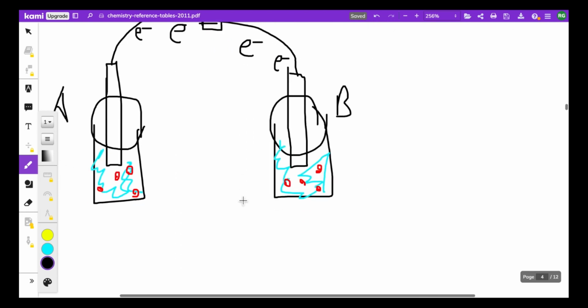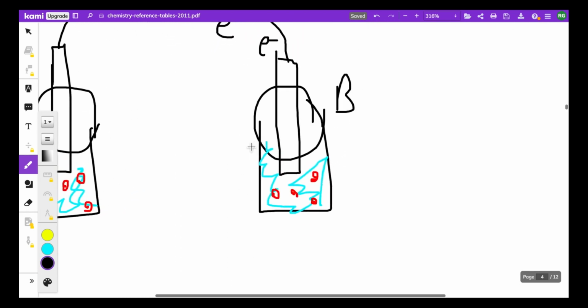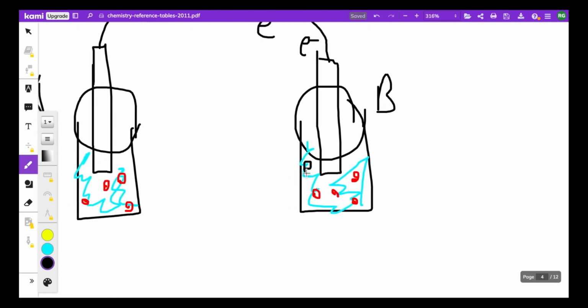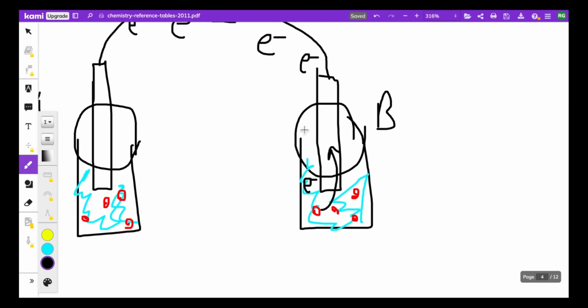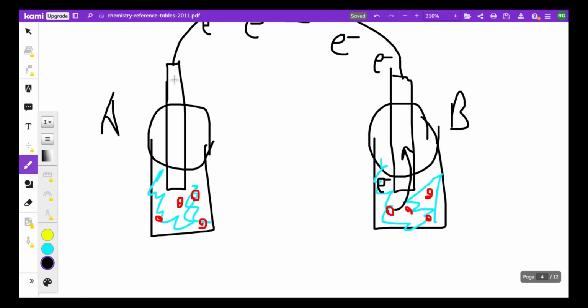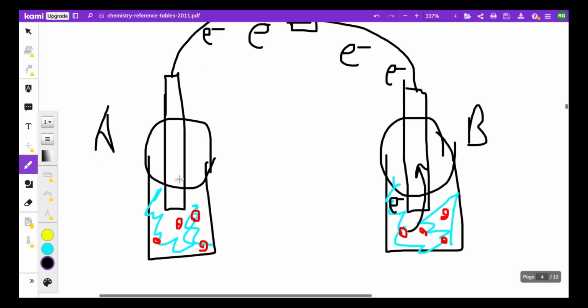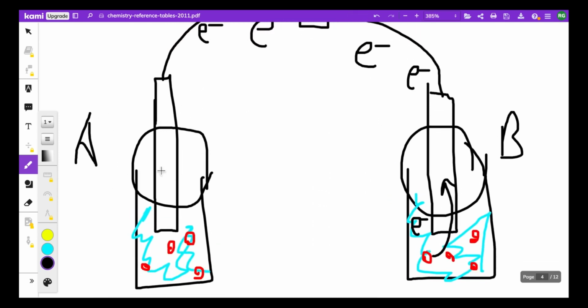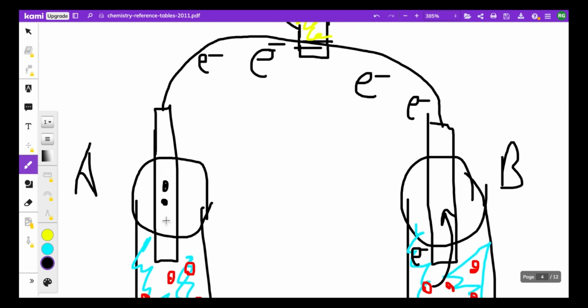Then what happens is that these ions in the water gain these electrons. And this ion actually plates back onto its electrode, this electrode right here. Imagine if you have all these tiny metal atoms.